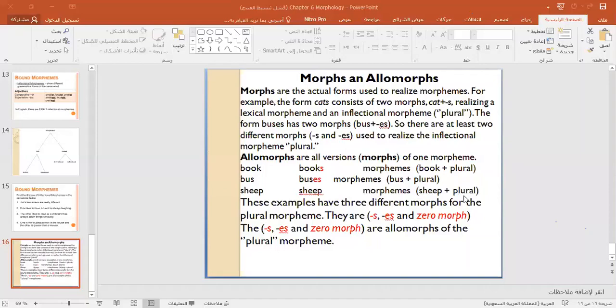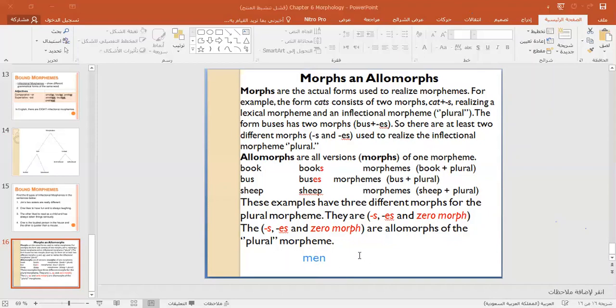What about the word, for example, men? I'll give you another example. Men is one morph, but it is two morphemes. So the word men has only one morph. Do you see the word men now? So it has one morph, but what are the two morphemes? Man plus plural.